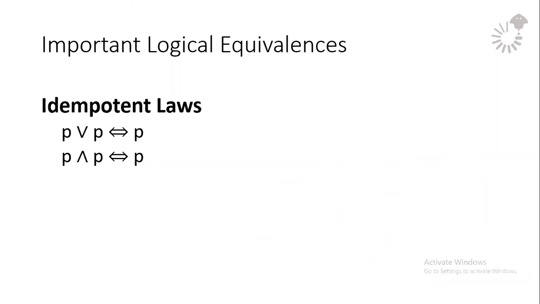Idempotent. For idempotent, anything that is in disjunction with itself, the answer is itself. Anything in conjunction with itself, the answer is itself. So let's test the first statement. Disjunction.